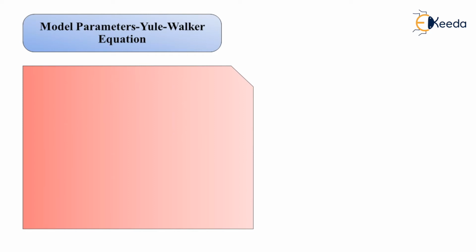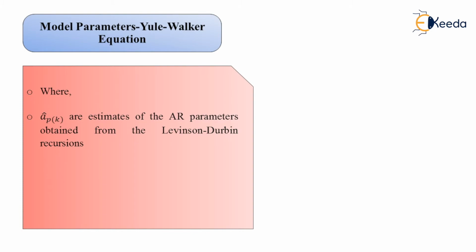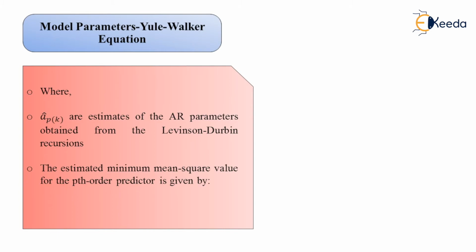This can be represented as E-hat_p, which is r_xx of 0 multiplied by the product for k equals 1 to p of the bracket 1 minus mod square of a-hat of k. This is basically the estimate of the minimum mean square value of the pth order predictor.